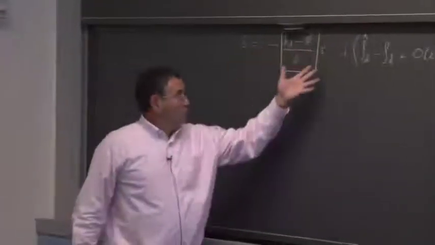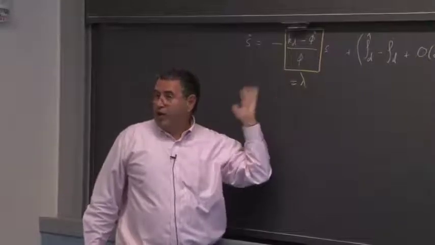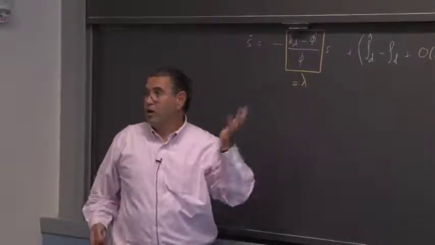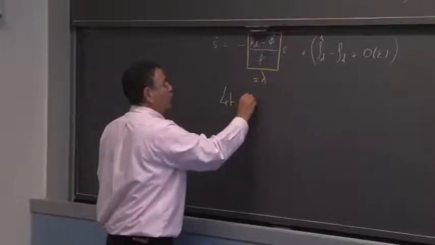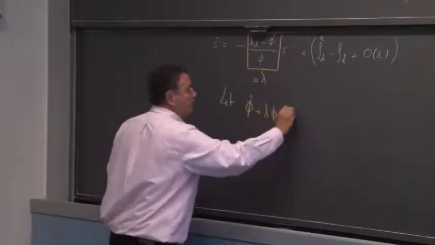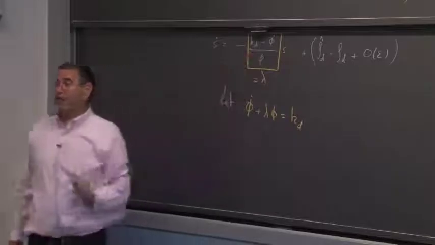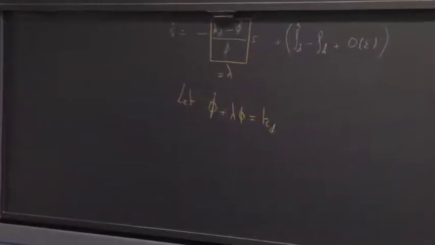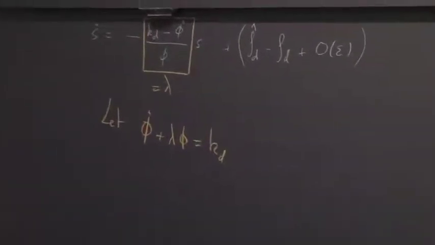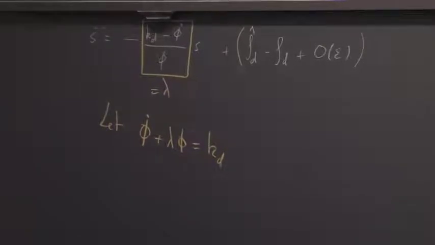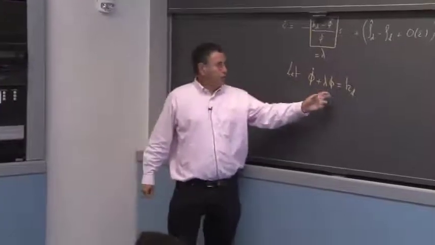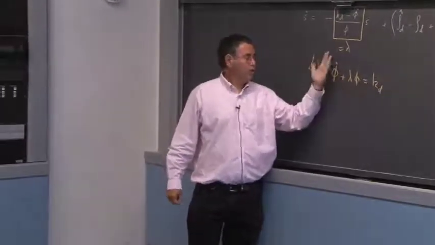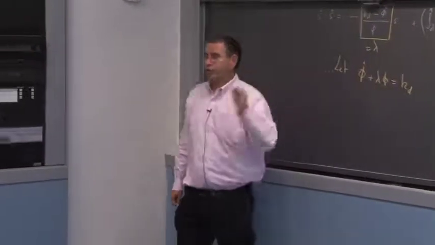Now, is that possible? Yes, it's called algebra, right? How do we do this? Well, we just let phi dot plus lambda phi equal kd. That will give you exactly this. We just solve this block equal lambda. Okay? Initialize phi any way you want, non-zero, okay? For instance, such that the initial phi dot is 0, if you want.